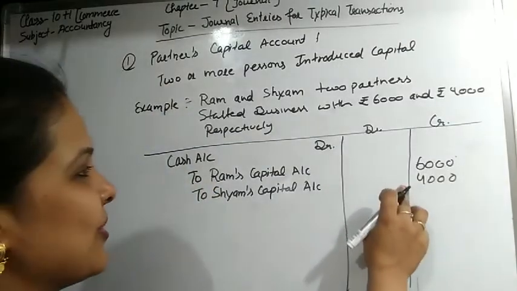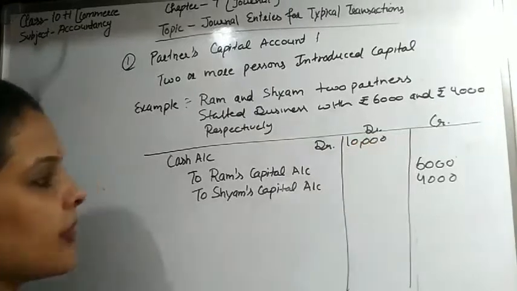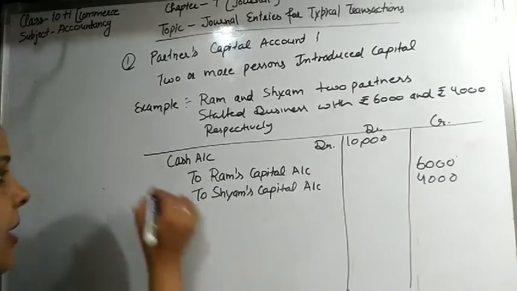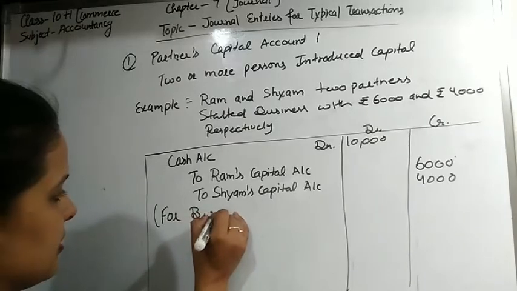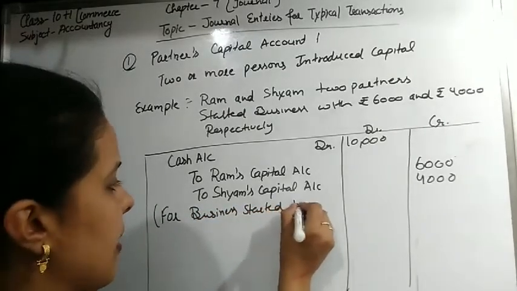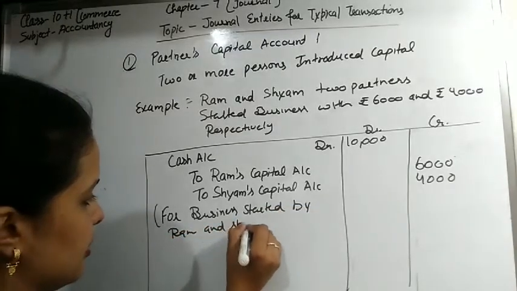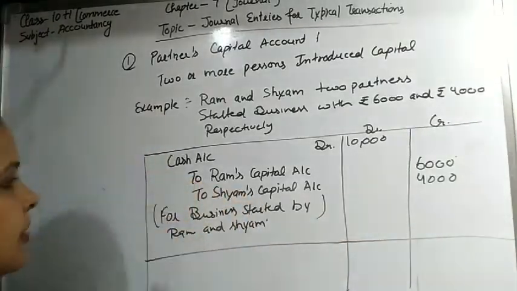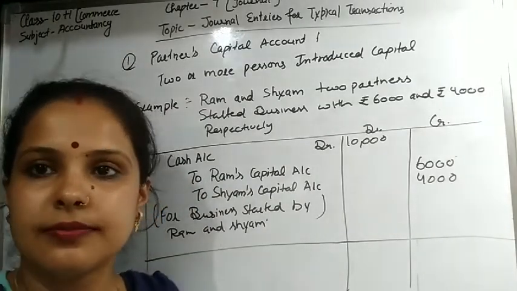So both together introduced capital of rupees 10,000, and they start business with rupees 10,000. Clear, students? The narration for this is: for business started by Ram and Shyam. Clear how to pass the journal entry when capital is introduced by two or more persons?